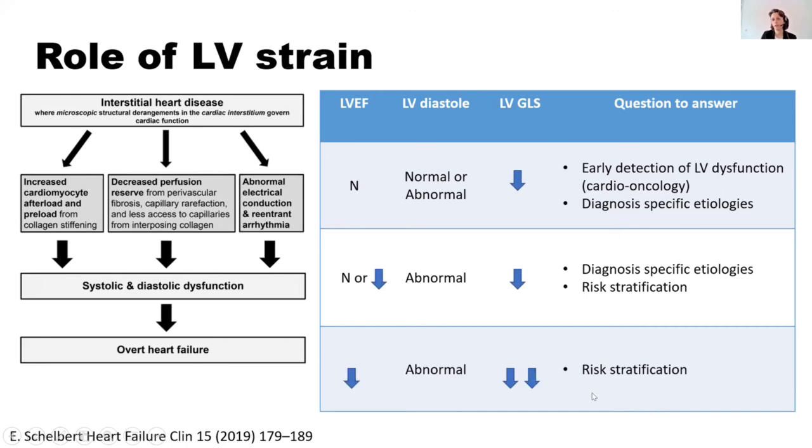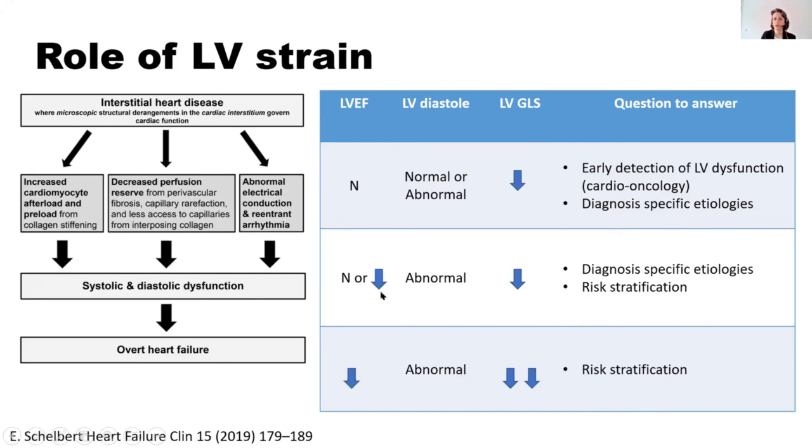At these three different stages, the question that we are going to answer is different. At the earliest stage, the question to answer, particularly related to atrial fibrillation, is: is this patient going to have an increased risk of atrial fibrillation and complications of atrial fibrillation because of early detection of LV dysfunction or specific etiologies that may impact on the left atrium?